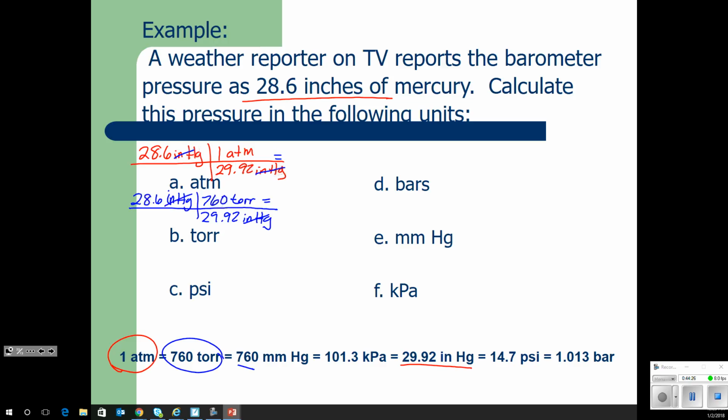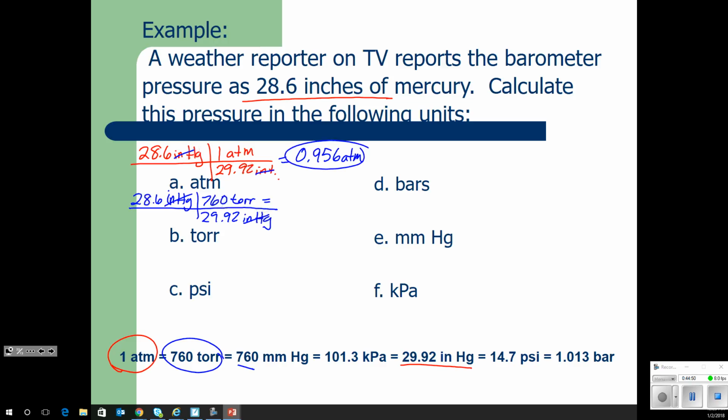Has anybody got the answer for the top one? It should be point something, right? 0.9558. So we're going to do 0.956 atm because we had 3 sig figs.